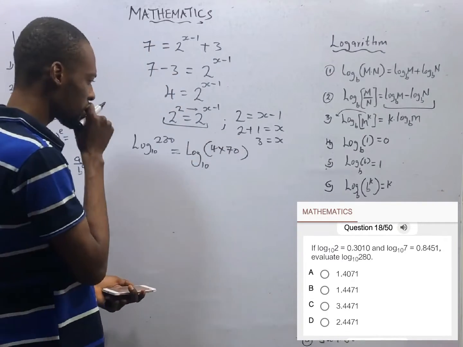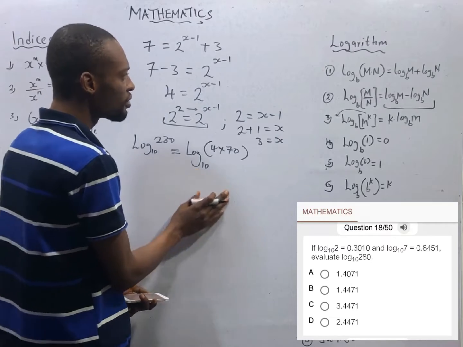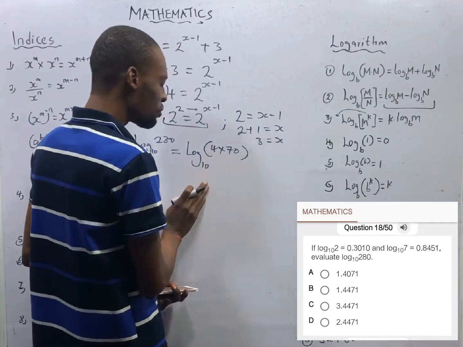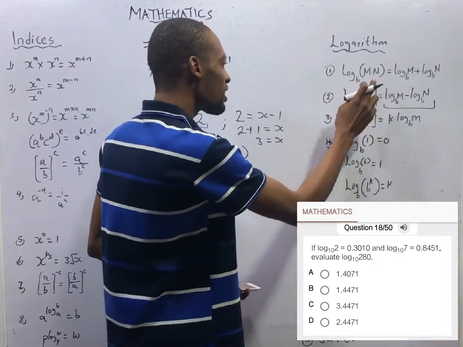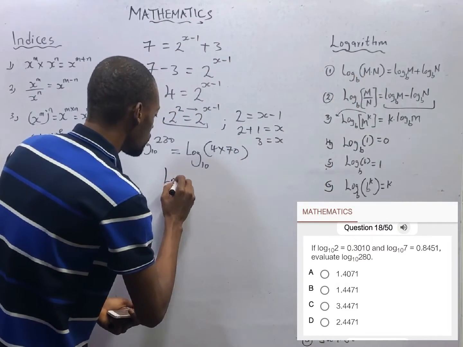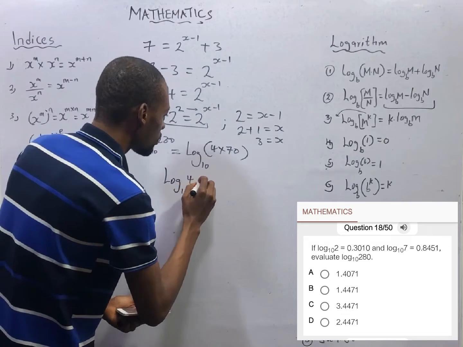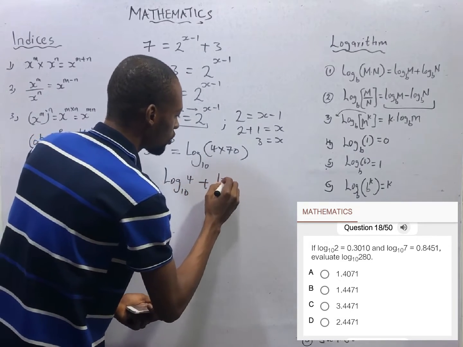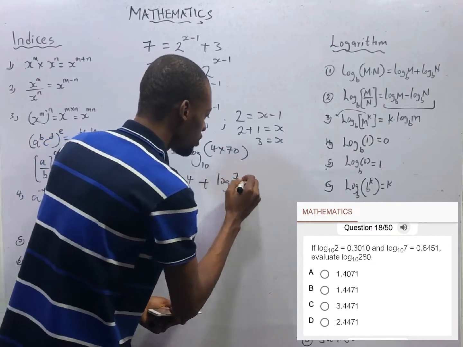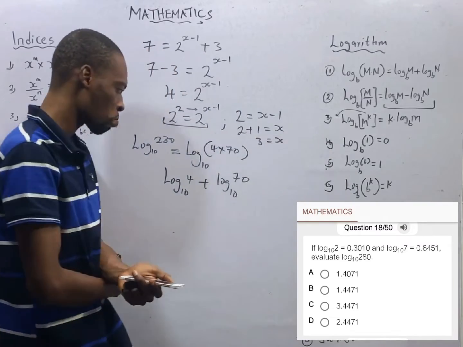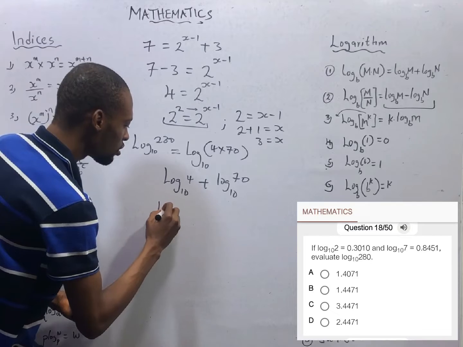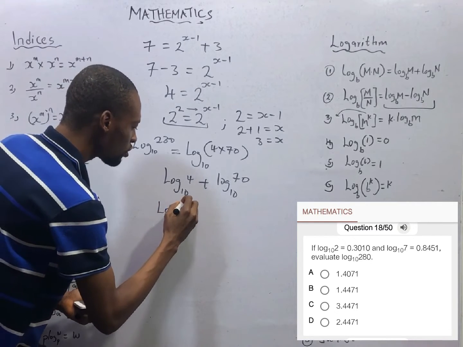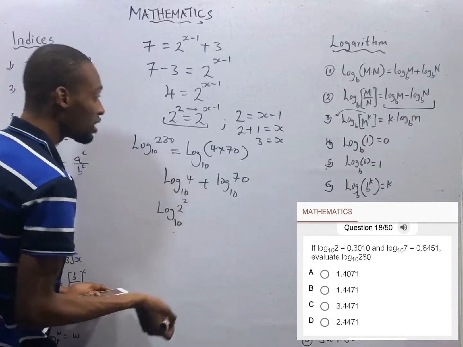So now, look at this. From the law of logarithm, if you have log to base a times b, this is the same thing as log to the base a plus log to the base of the second number. From here, this is the same thing as log 2 raised to the power of 2 with base 10.